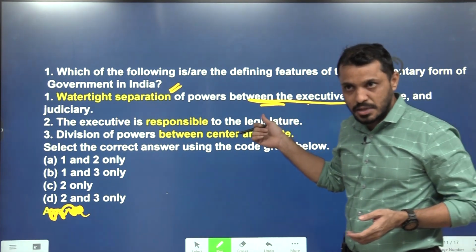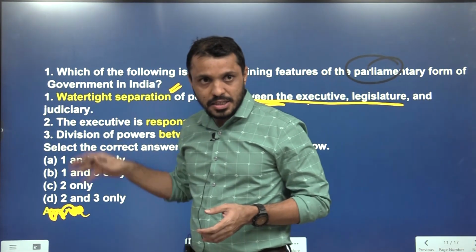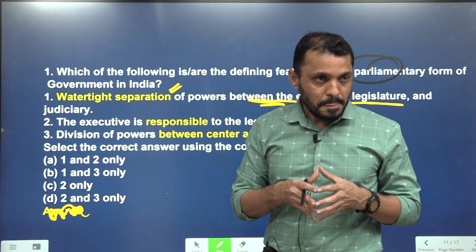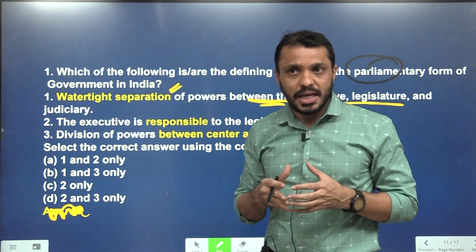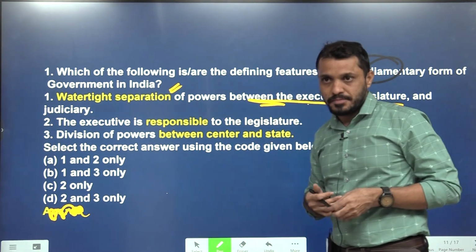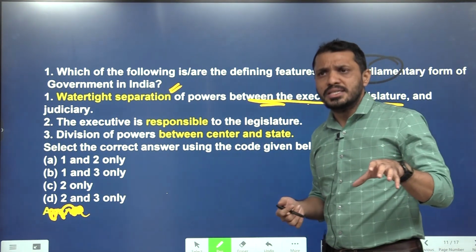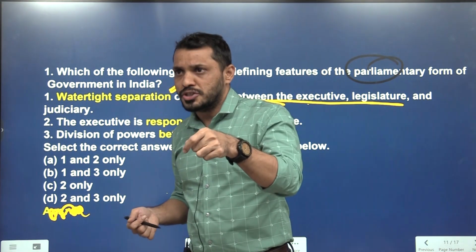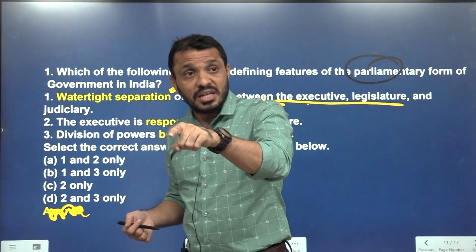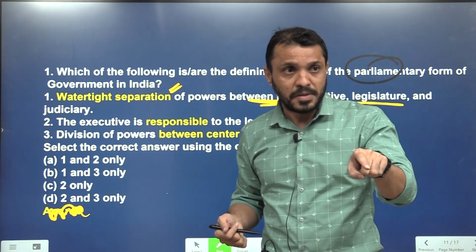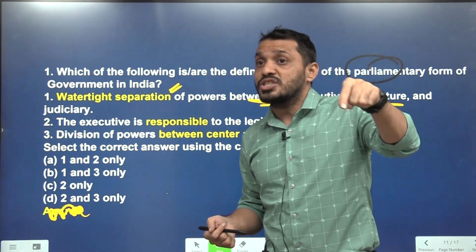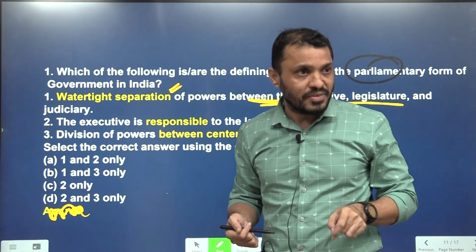Do you understand this statement? It says that there is a watertight separation between the legislature, executive and judiciary. If no, how can you say there is no watertight separation? The point is, the legislature will get involved if the judiciary is violating the Constitution, and the judiciary will interfere if legislation is violating the Constitution. And of course, if the executive is violating the Constitution, the legislature will get involved through a motion of confidence.